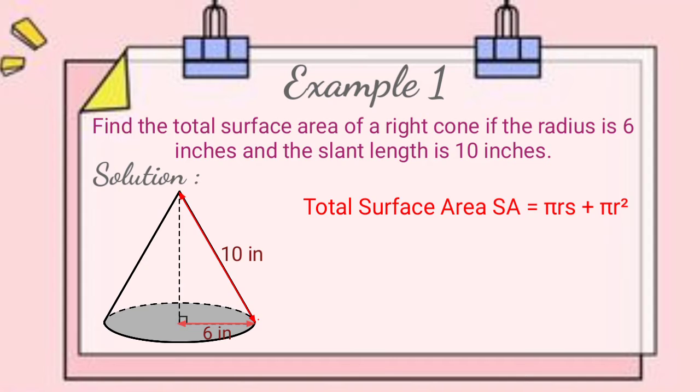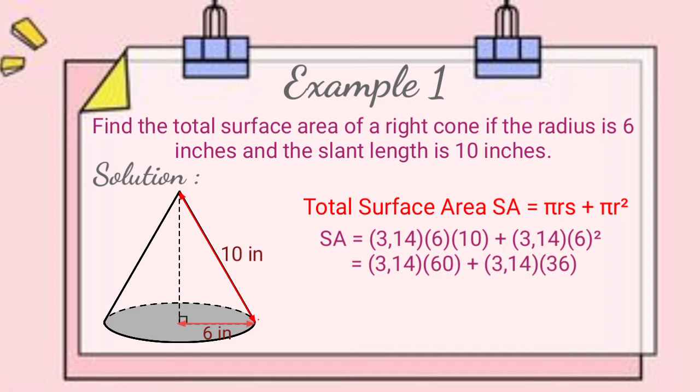Then, the total surface area of the cone is SA equals 3.14 times 6 times 10 plus 3.14 times 6 squared.